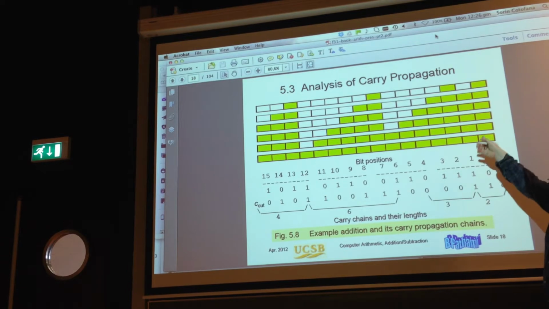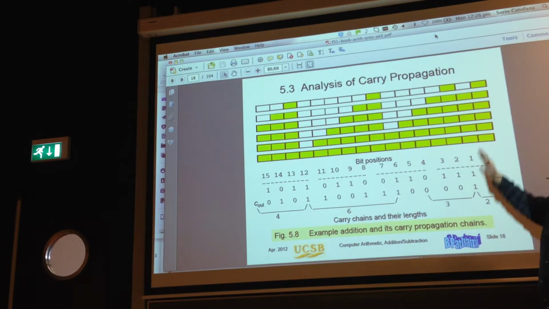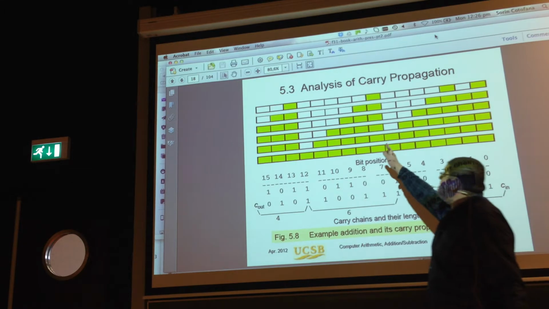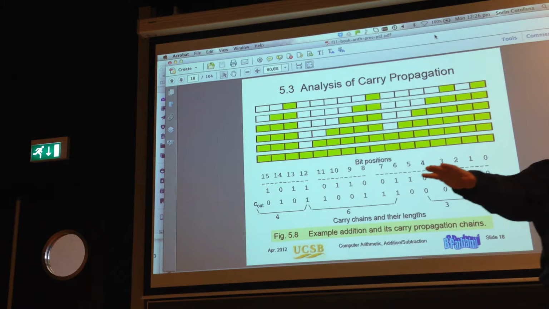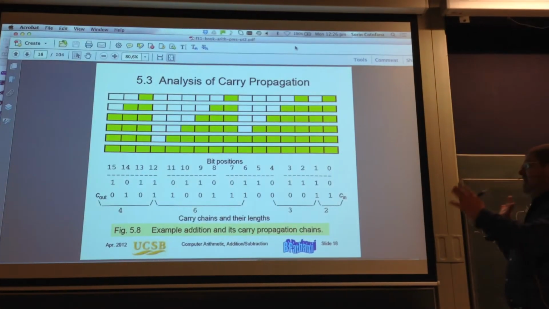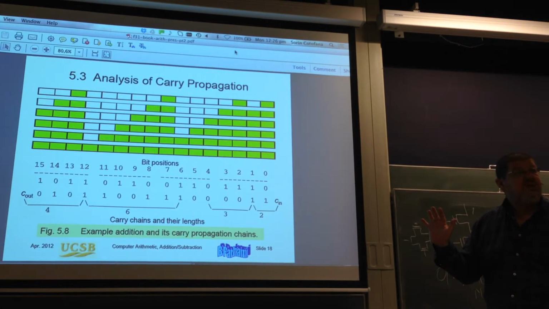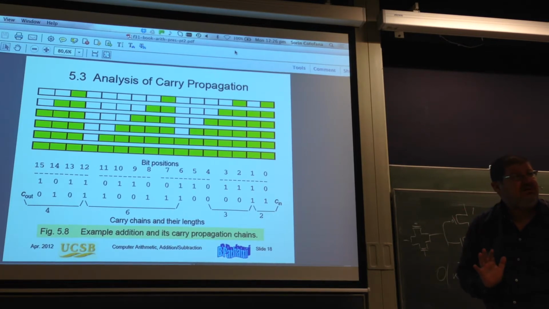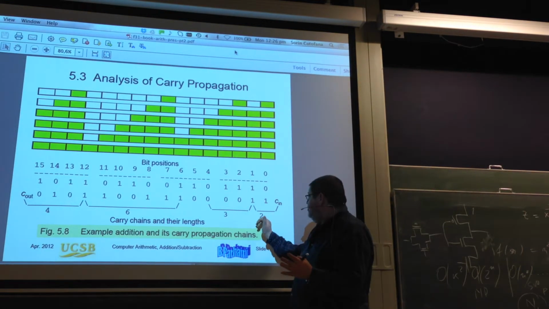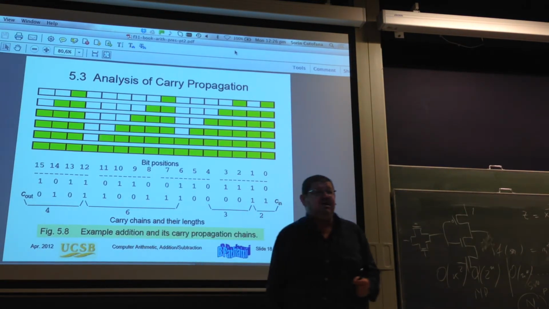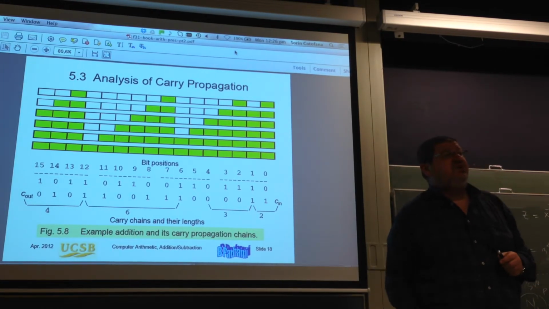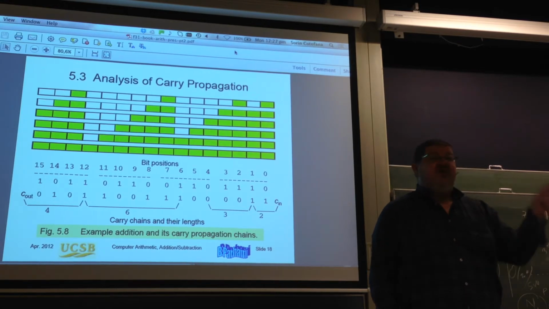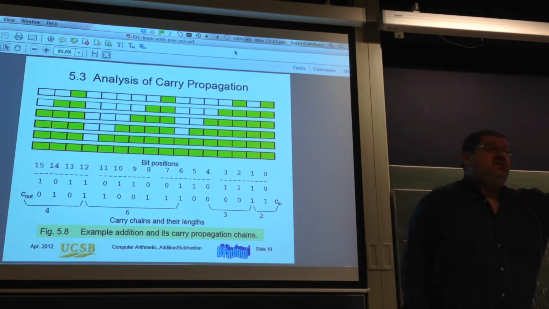And you see each carry which appears, in this column, this column, this column, this column, will propagate independently in my adder. Eventually, when all of them end their propagation, my result is correct and stable, and I can read it. You see the chains are 2, 3, 6, whatever. In this case, the propagation will just take 6 stages to finish. If I assume different operands, it will take longer or shorter.